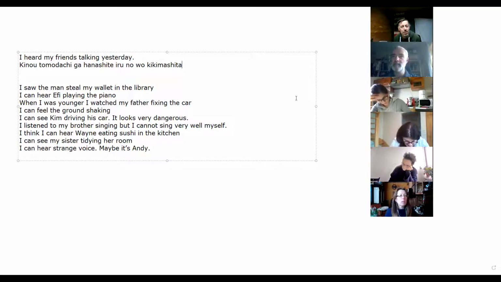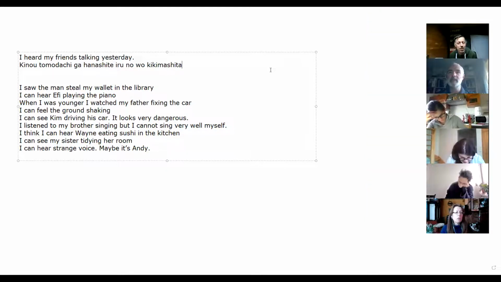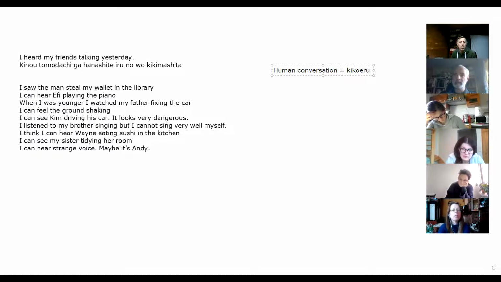Okay, so let's just be completely clear why Tom used o and kikimashita. I did say it earlier, but I want you to be completely happy. If it's human conversation, if you use kikoeru, it's not a big mistake. But you should really use kiku, because it assumes you heard it and you understand it, so this is listening, not hearing. So o and kiku is correct for human conversation.